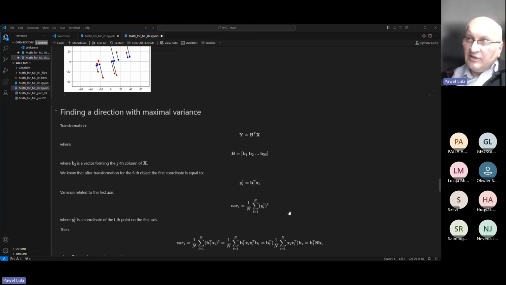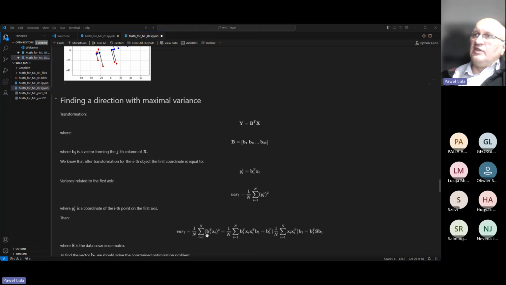You remember that it is a different formula from the general one which we saw, because we had minus average value, but data are here centered using 0 point. So mean value is equal to 0. Therefore, I omitted this value. And variance can be presented in this form.